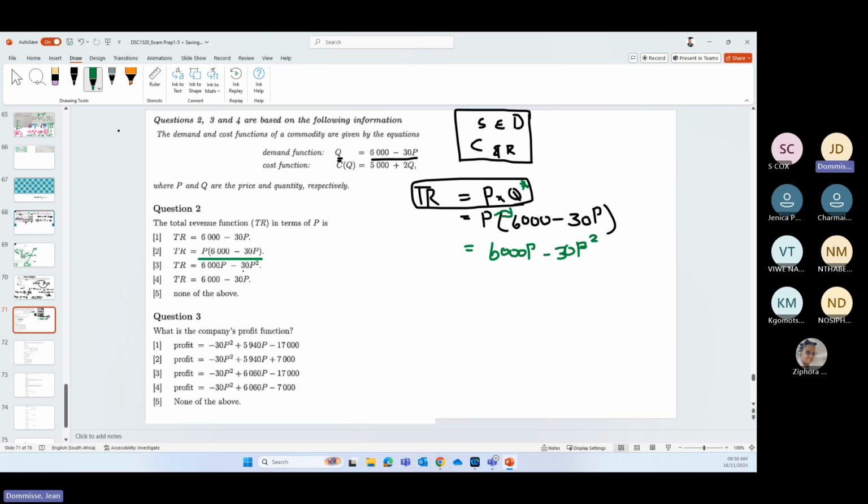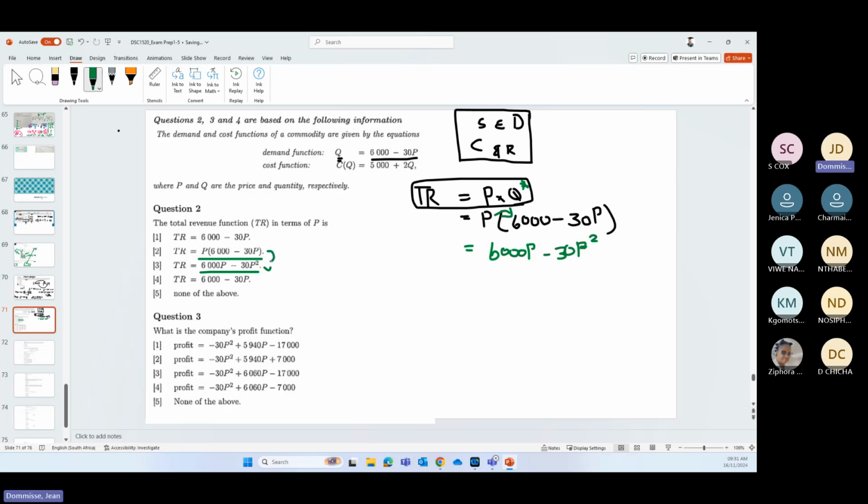That's quite weird. That's the same answer. That's 6000p minus 50p to the power of 2. P times, okay, this is actually very strange.